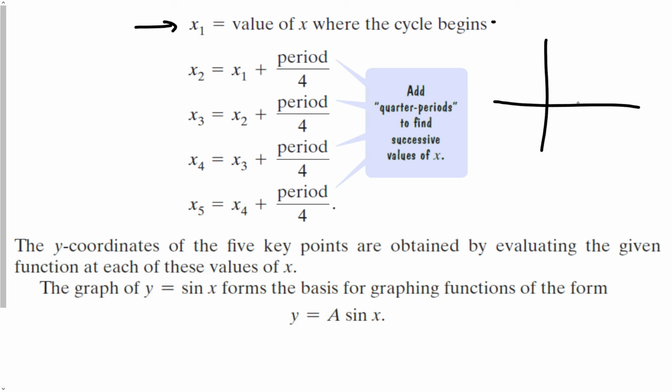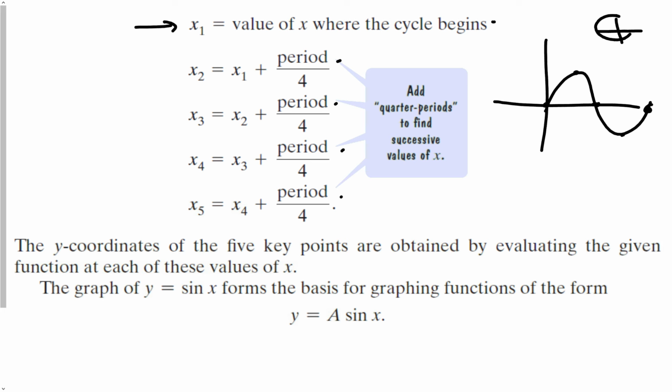Let's look at the sine function again. The first point would be an intercept, then a max, then an intercept, then a min, and then an intercept again. When I think of the general shape like this, you can remember the general shape of the sine function.